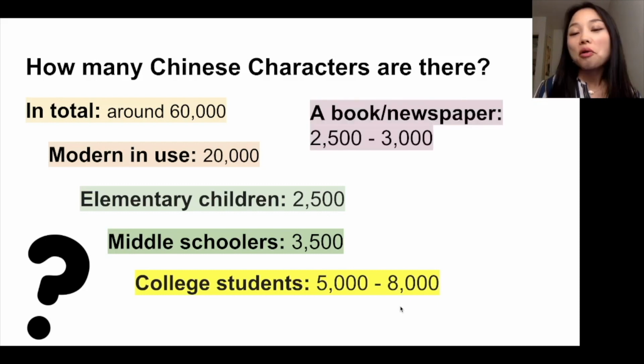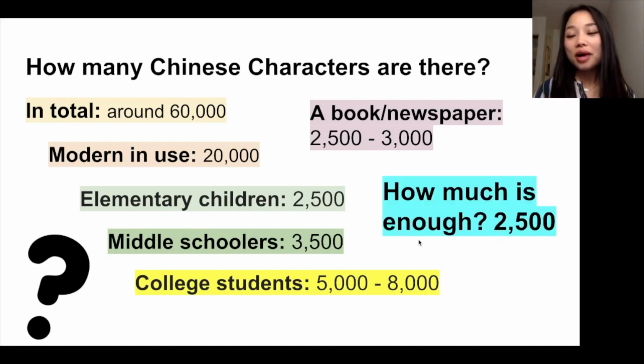To be able to read and understand a book or newspaper, 2,500 to 3,000 characters is sufficient. So you might be thinking, how many characters do I need to know? My suggestion is that if you have at least 2,500 characters, you will be able to read 99% of the books and newspapers in China.